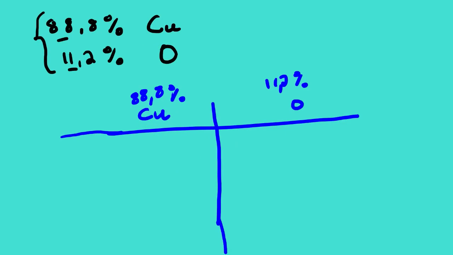Now we said the first step we are going to convert from percentage to grams, so we are simply going to change this symbol to grams, and then from here we are going to calculate the number of moles using our equation.